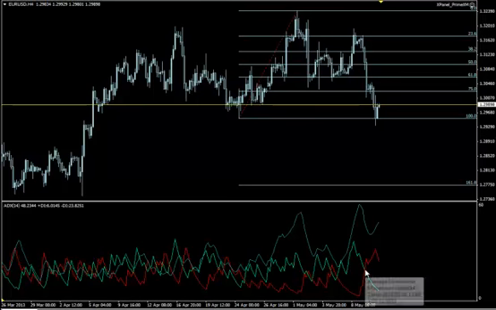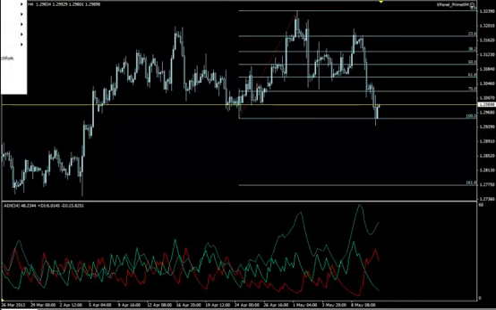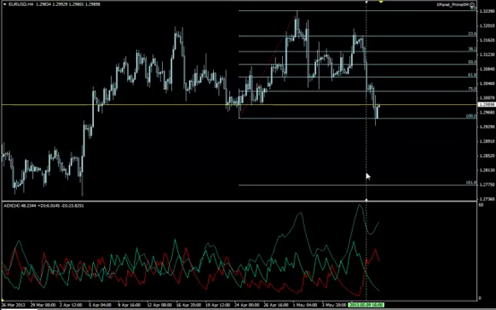We see that we had a bearish crossover where DI minus crossed above DI plus here, and if we take a vertical line, let me take a vertical line, and if we put it here at the crossover, we see that it coincides with the starting point of the bearish move.